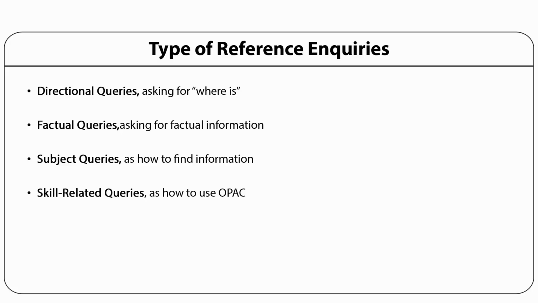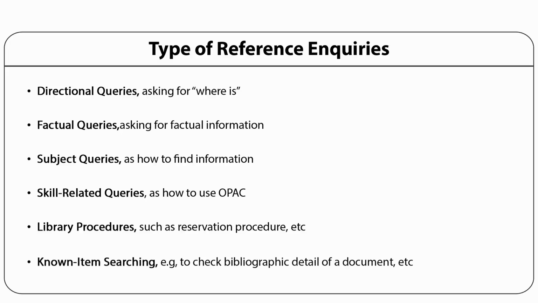Skill-related queries are about how to use the online public access catalog in the library. Library procedures: queries relating to library procedures involve knowing the reservation procedure or library working hours or library loan procedure, etc. Known item searching.